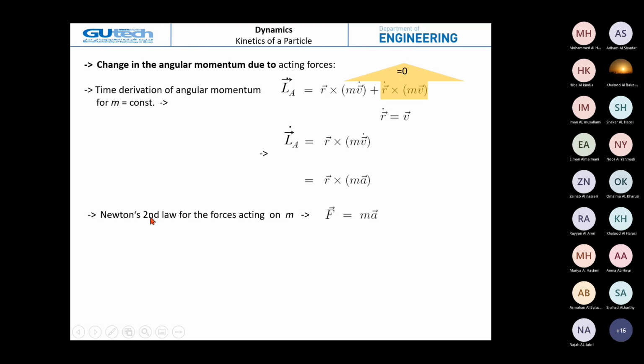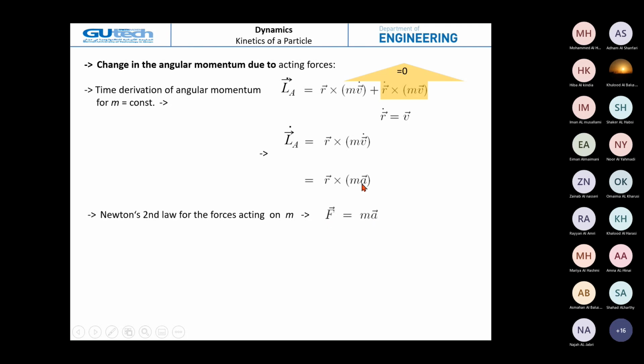From Newton's second law, for the force acting on the mass m, we know that F is only the mass multiplied by the acceleration. The vector force is only the mass multiplied by the acceleration.